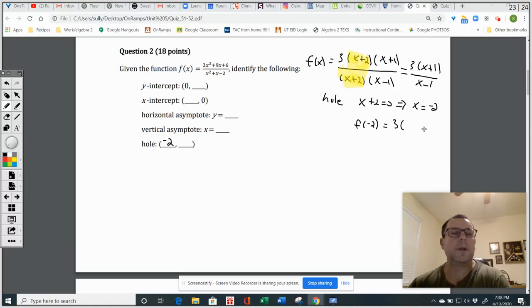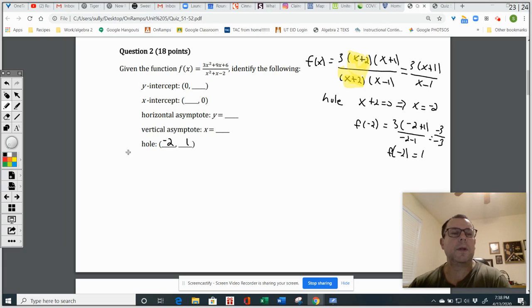So it's going to be 3 times -2 plus 1 over -2 minus 1. And so -2 plus 1 is -1. -1 times 3 is -3. And -2 minus 1 is -3. So f of -2 is going to reduce to +1. And so pretty straightforward, not too bad.